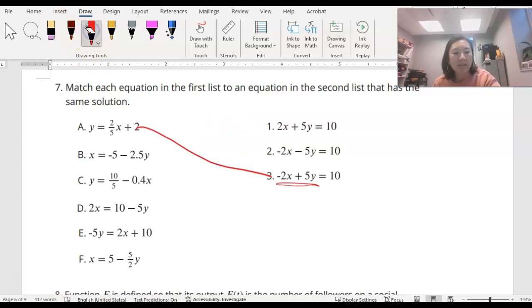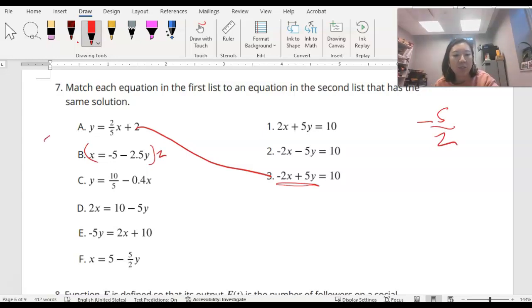If I'm looking at B, here again, I want to get to a new equation. This would be negative 2/5, oops, not 2/5, negative 2.5, which is the same as negative 5/2, right? And so in this case, I would multiply the whole thing by 2.